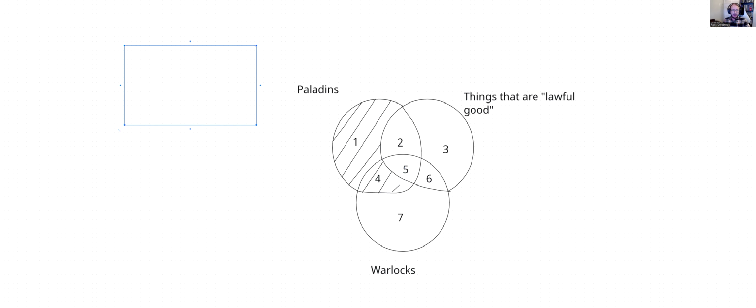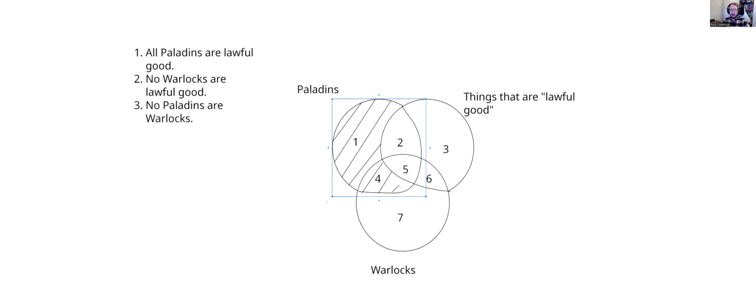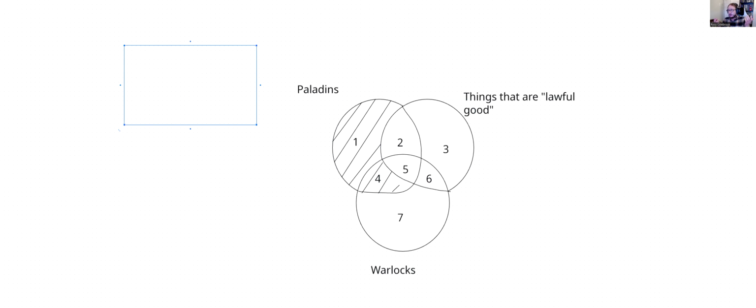It means the only thing that should possibly exist in this circle is in the overlap between this circle and the things that are lawful good circle, right? That means 1 and 4 cannot exist if all paladins are supposed to be lawful good, because these guys would not be lawful good, right? So if there were anything in there, this statement wouldn't be true.